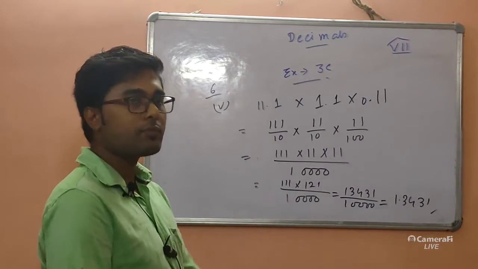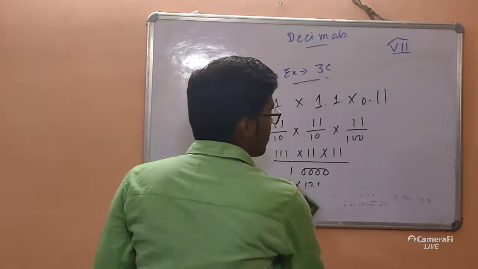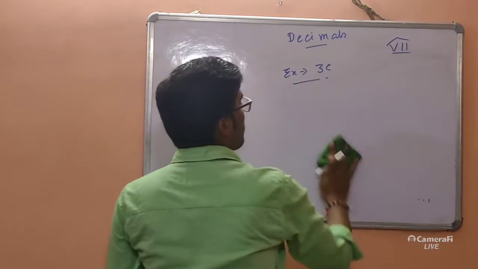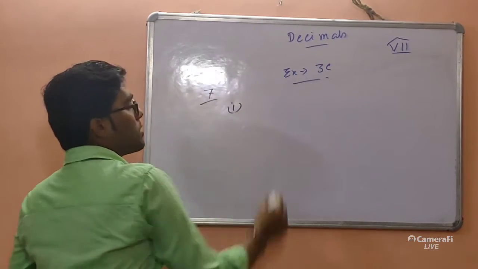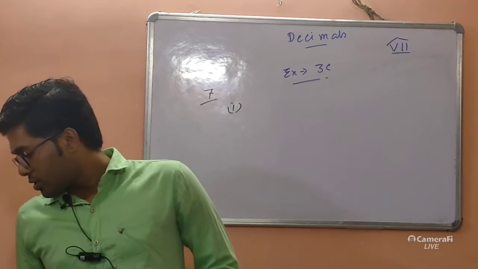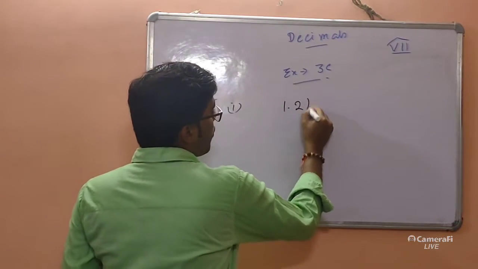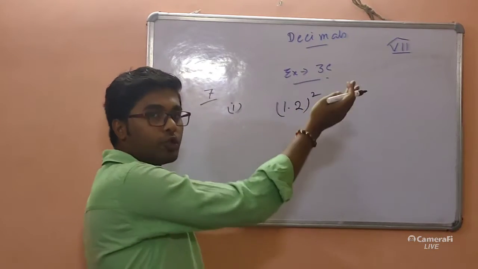Let us do question number 7. What is the question? 1.2 whole square. Clear? This is 1.2 whole square.